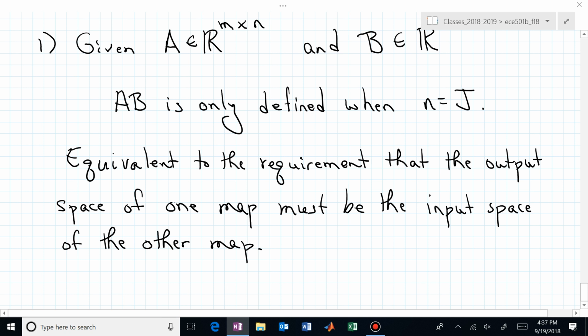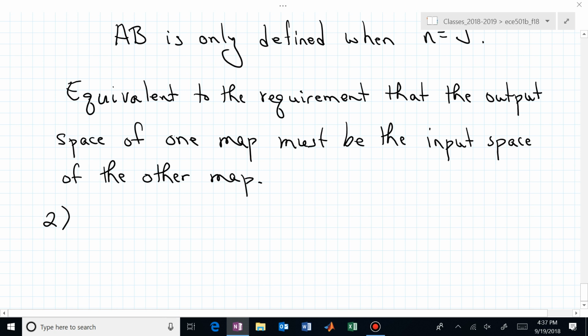And which is which? Which map's output space, or matrix output space, needs to be the same as the input space of the other? And this is where you can see why you have to observe the ordering of matrices. They don't just commute naturally. Now, the output space of B is going into the input space of A in order for that product to be valid.